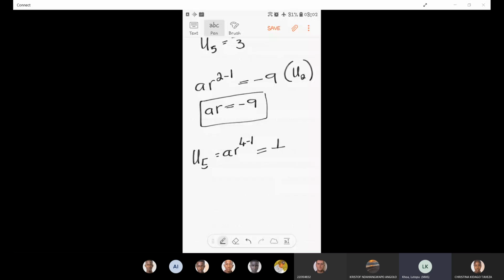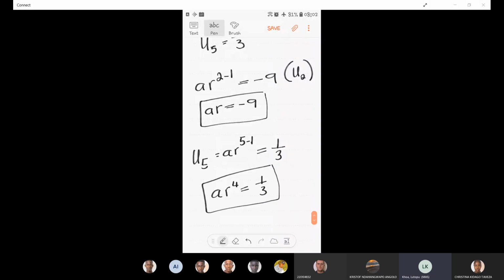So rewriting the equation, I have A R to the power of 4 is equal to 1/3. So that's what we have.